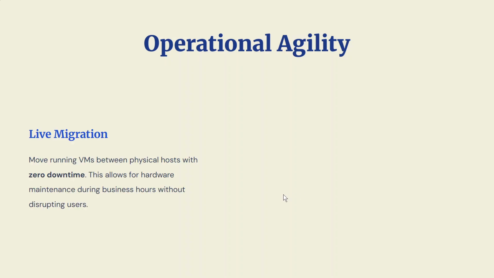Another crucial benefit of virtualization is operational agility. Because of the encapsulation property and hardware agnostic nature of the VMs, we get two very important features that support continuous operation. The first one is live migration of virtual machines without having to shut down the machine. This ensures zero downtime of your operations.